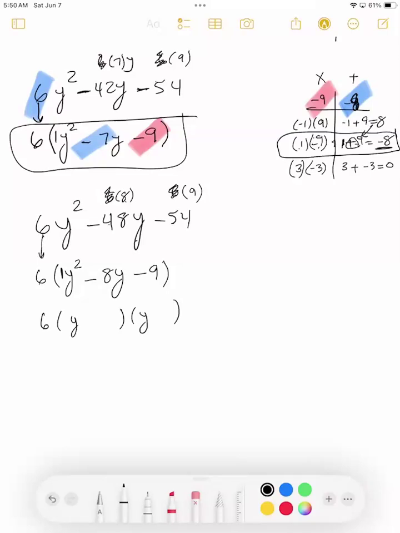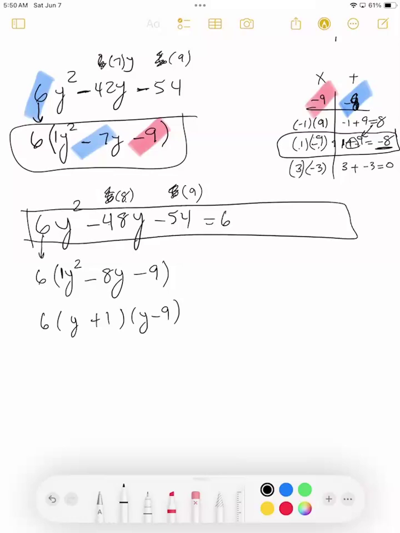So 1 and negative 9 are your factors. So then I was able to write this as 6 times y plus 1, y minus 9. This had 3 terms. I was able to write it as 3 factors.